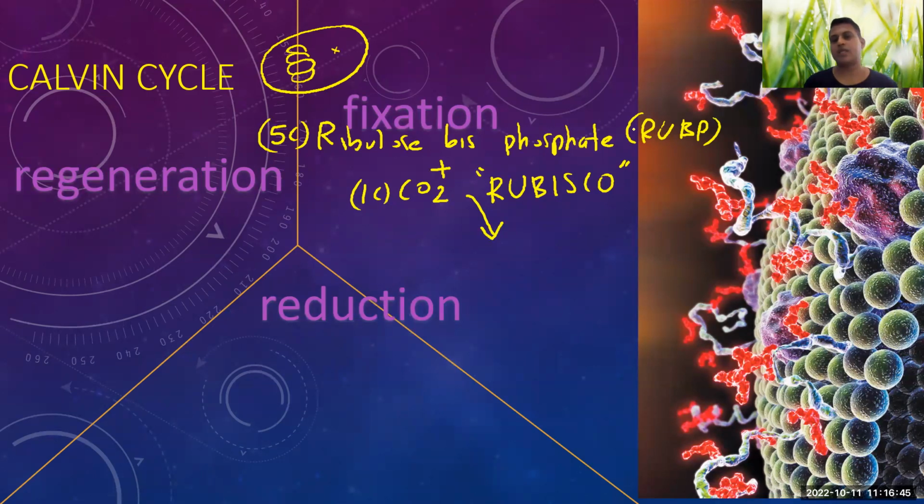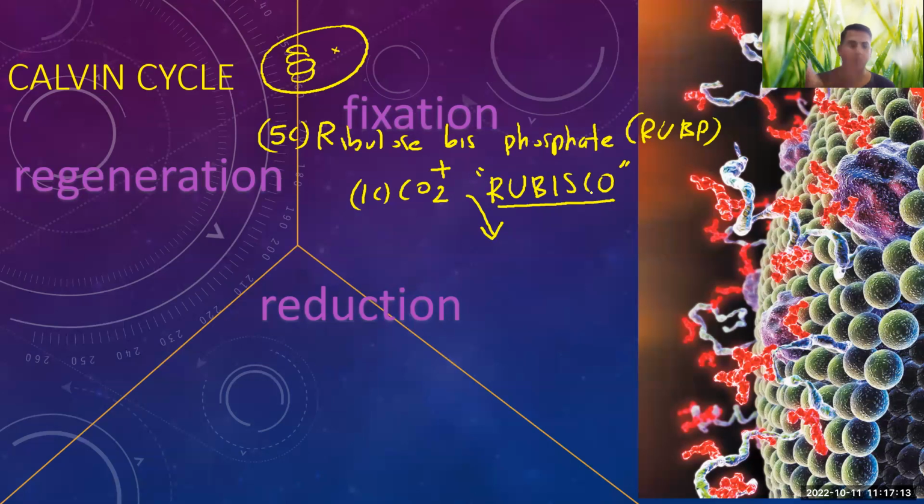The complete name of this enzyme is ribulose bisphosphate carboxygenase oxygenase, but you can write it as Rubisco. This is a standard form, and it is okay to write the abbreviation Rubisco as the enzyme name.